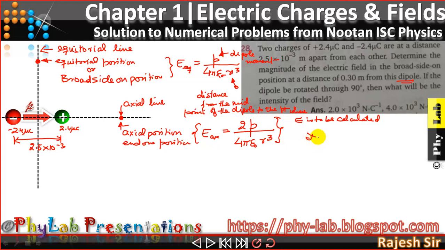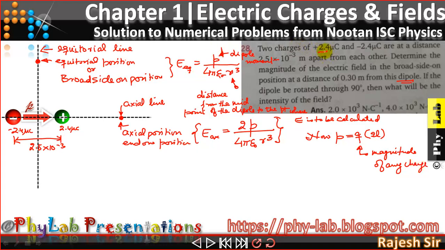Now, the magnitude of the dipole moment can be calculated easily by the formula Q into 2L, where Q stands for the magnitude of the charge, any charge for that matter, whether positive or negative, does not matter. I am just interested in the magnitude of the charge.